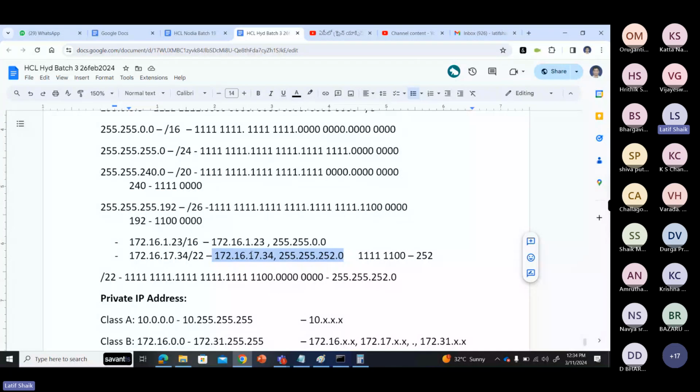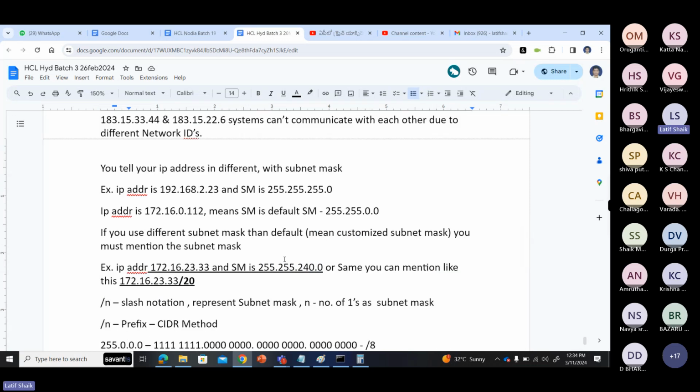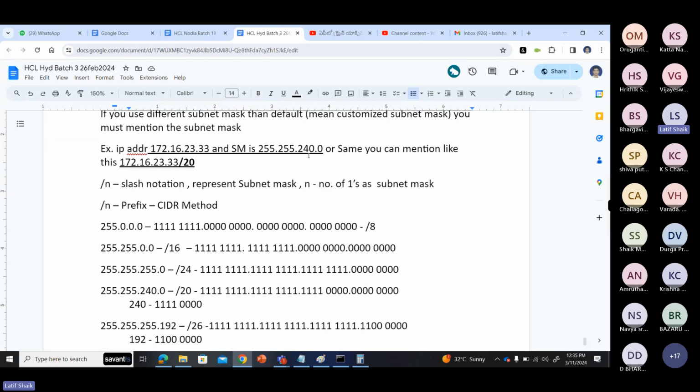So this is my IP address and this is my subnet mask. You put /22, write all those ones, write down your subnet mask, and you will understand exactly what subnet mask it is. So guys, this is the CIDR method, or slash notation, or prefix method. It represents your subnet mask. Instead of writing it the long way, you can write it like this, or you can say it like this.